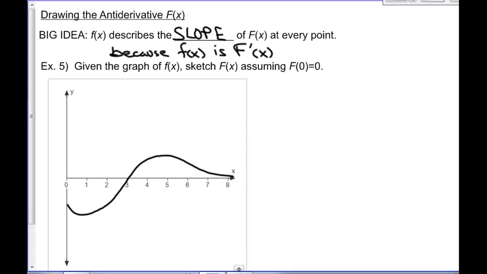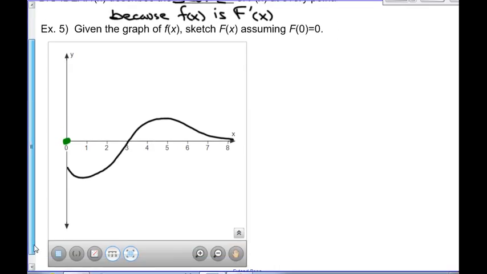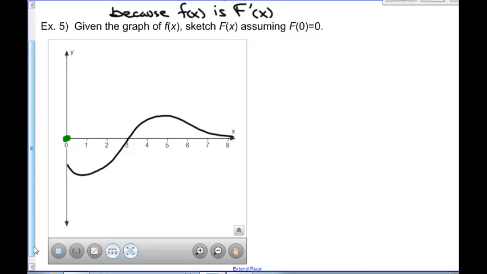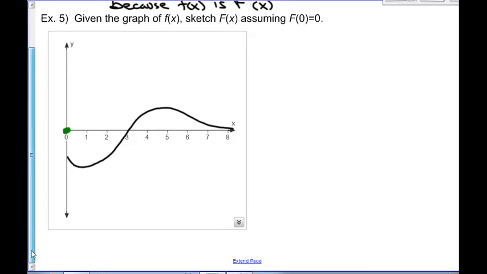Right now, all we're told is that when we sketch big F, F at 0 is 0. So it starts at the origin. Okay, and I'm going to do a whole bunch of description before I try and sketch this. So here are the things I know. The slope starts off being negative. Not because the black function is pointing down, but because it's at negative y values.